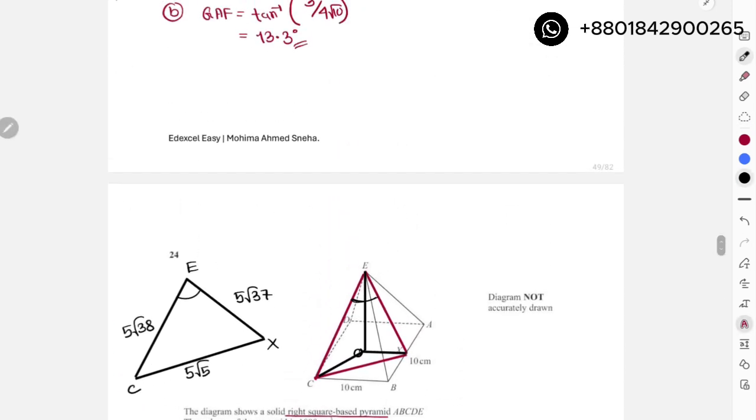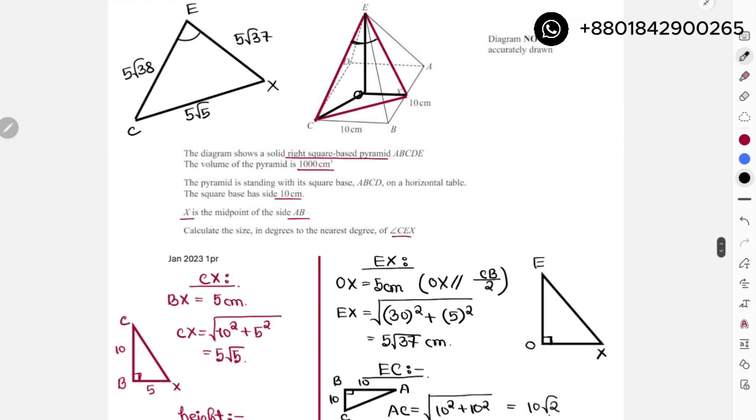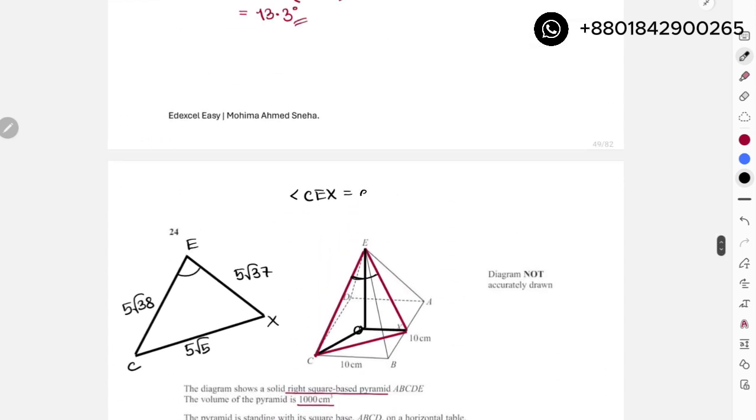I actually don't have much space here, so the last step I'm going to do over here. In order to find out CEX, this angle is just going to be cos inverse of what?